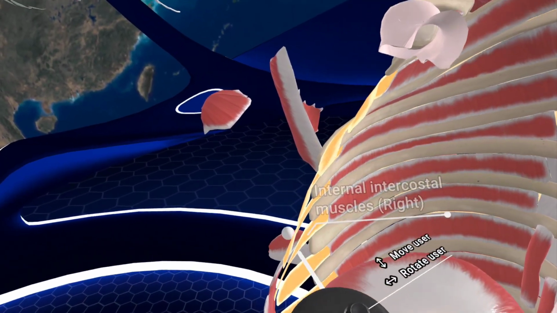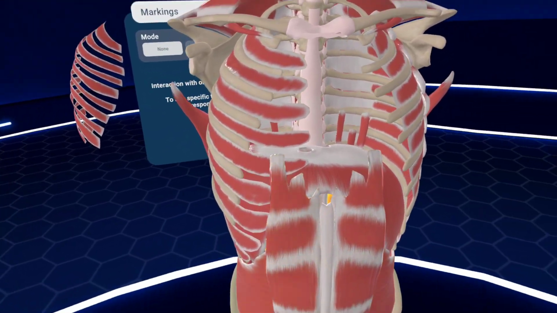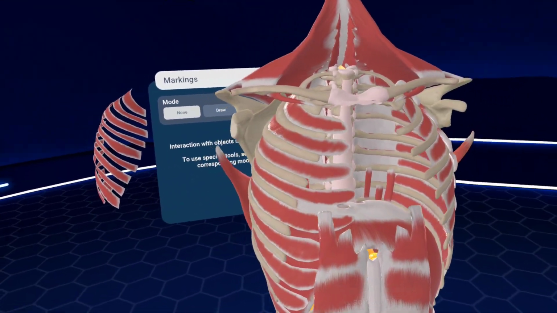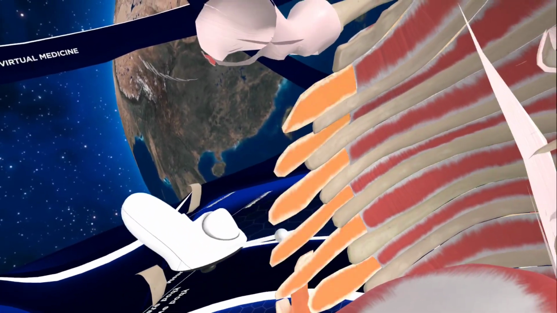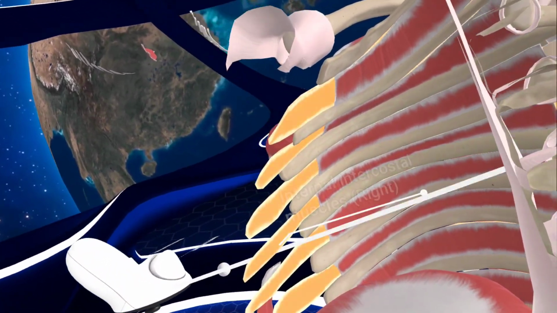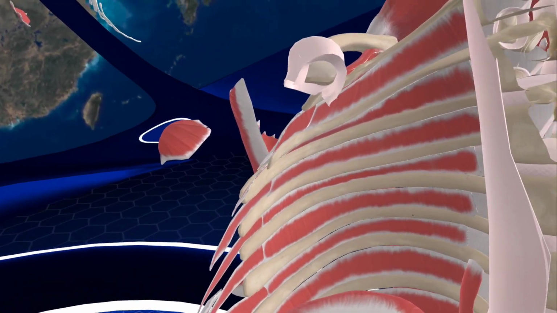You can see it on the central part of the rib cage. From outside it is pretty obvious. From inside, it appears more on the central side because it is hidden here by the innermost intercostal muscle.